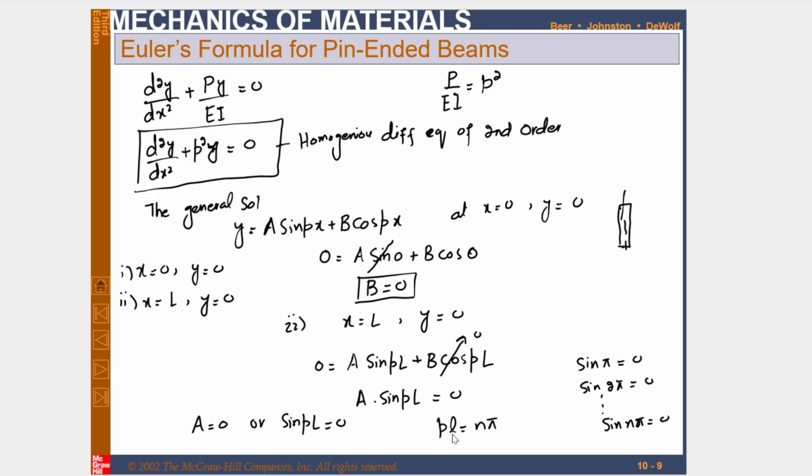Clear? Now p becomes equal to n pi over L. So you can put the value of p as well. p square is equal to capital P over EI. I will further move to a new slide.